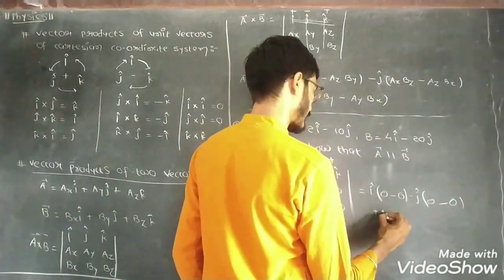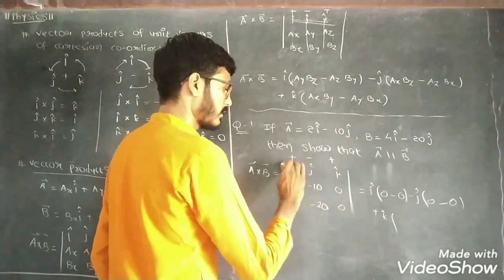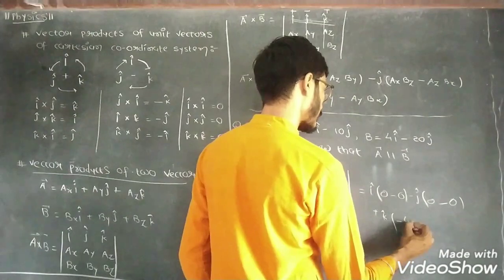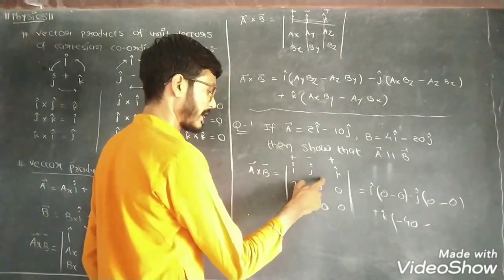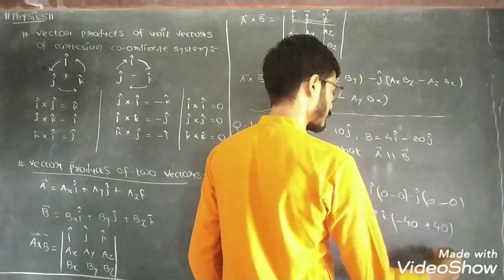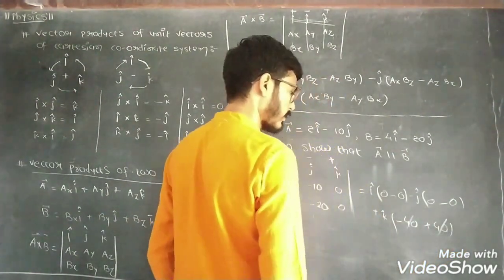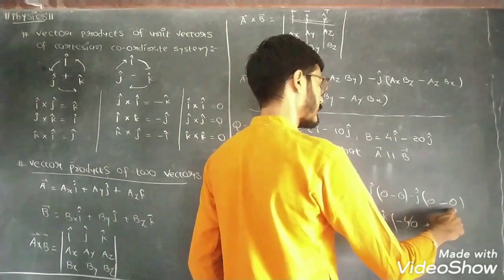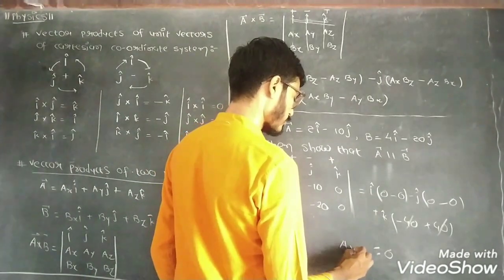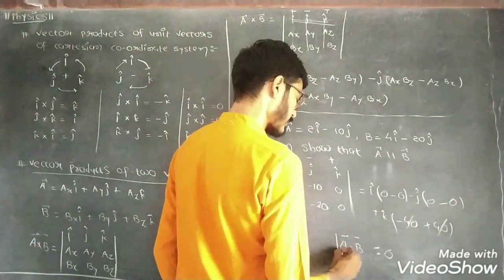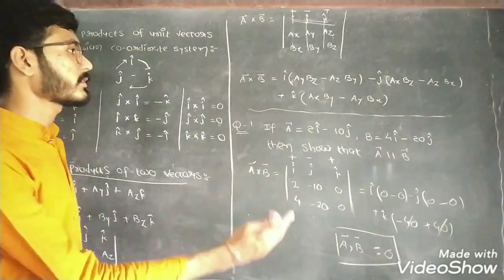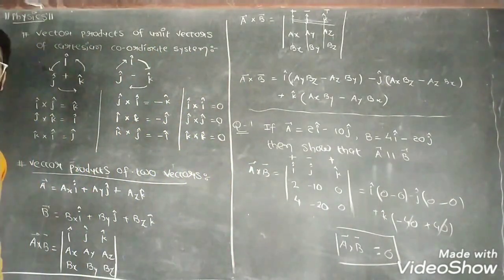Plus k caret, cross multiplication: 2 into minus 20 means minus 40, minus 10 into 4 is minus 40, but minus minus means plus 40. Minus 40 plus 40 cancels out, 0 minus 0 is 0, so the answer of A cross B is 0. So we can say that these two vectors are parallel to each other.